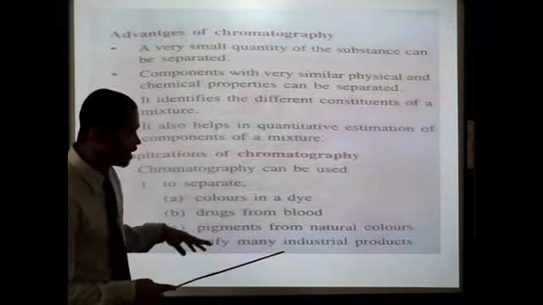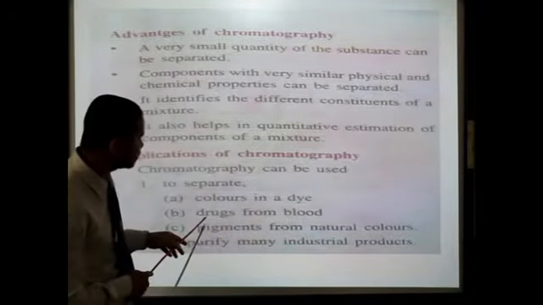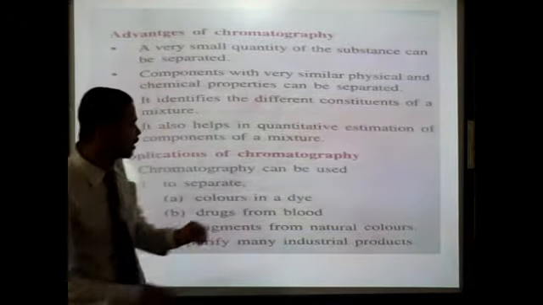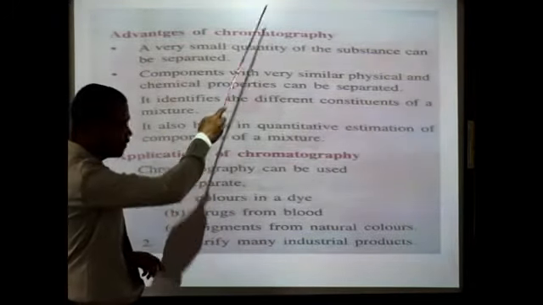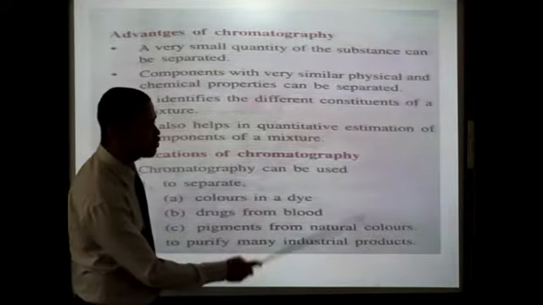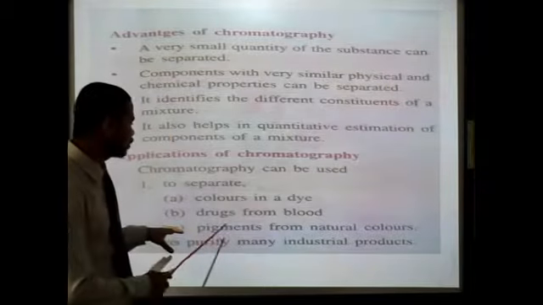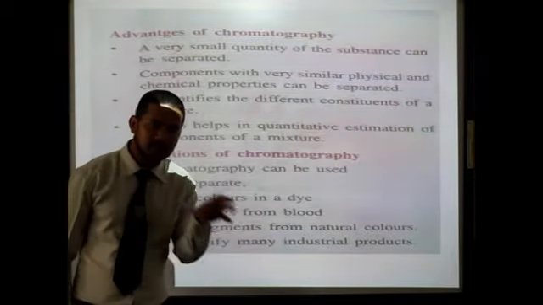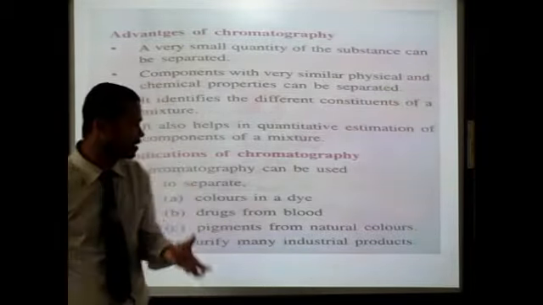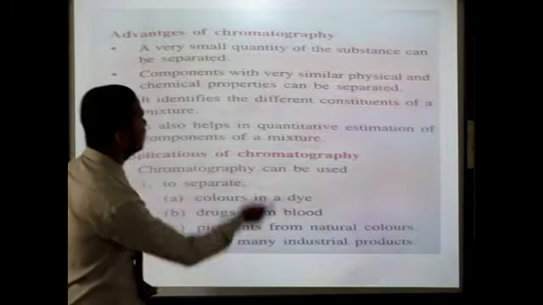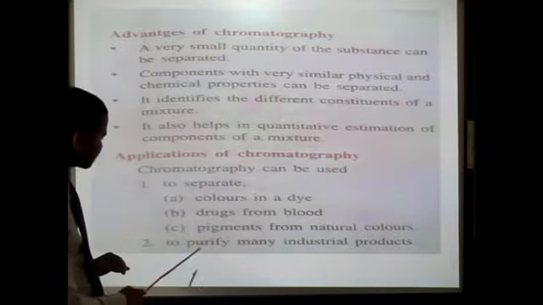So in the blood what drugs they find, and in order to find drugs from the blood, which process is used? Chromatography. Then pigments from natural colors. For example, chlorophyll is a pigment. So pigments are separated from natural colors by using chromatography.